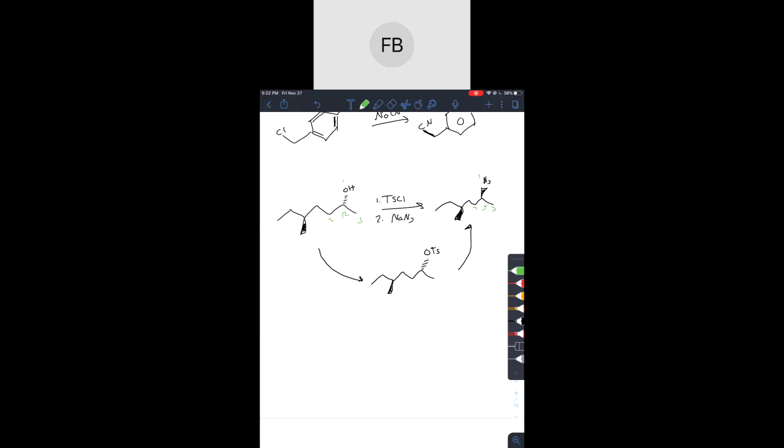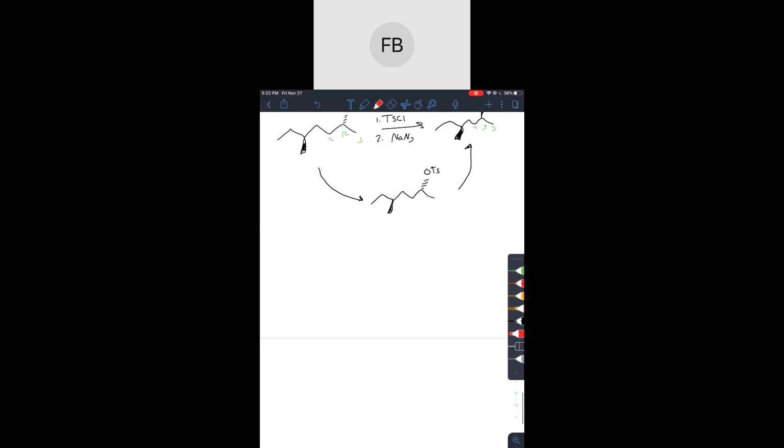The next example also has TsCl, but in this case, it's already attached to the thing. So this is actually really interesting because it doesn't look like the way it is, but basically, this is the one I was talking about with the triple bond.